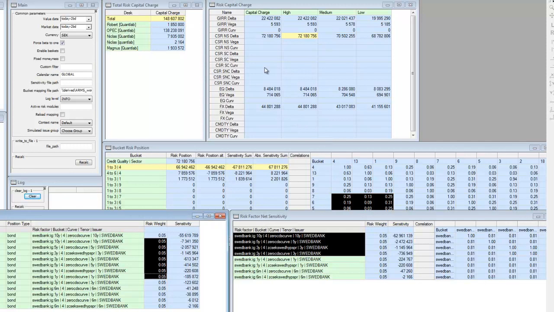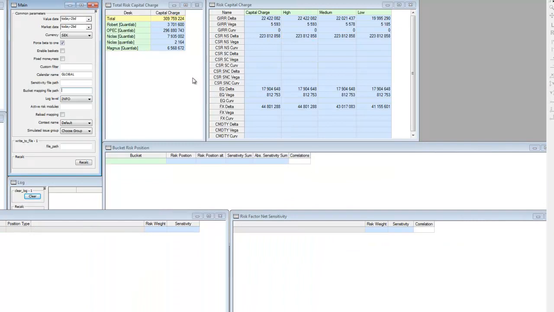And if we would experiment with this and have no bucket information, and we have no static data for this, we have 148 million capital charge, and if we calculate this without knowing anything about where these positions are belonging curvature-wise and so on and so forth, the risk would be somewhere around double.